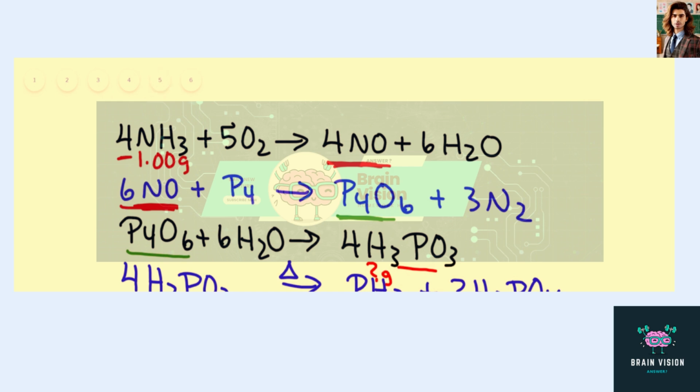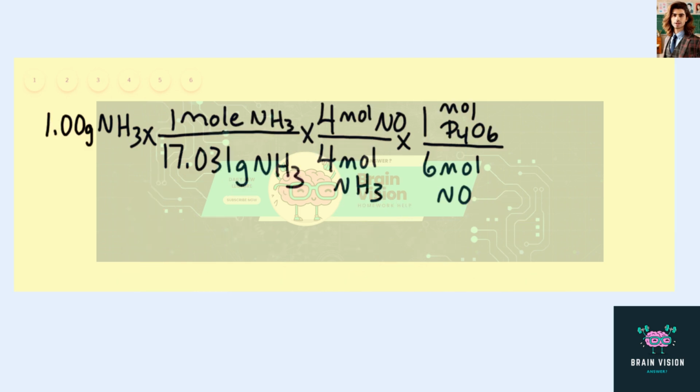In the next reaction, we saw that 1 mole of P4O6 would form 4 moles of H3PO3. So that would be our next relationship. So continuing on, 1 mole of P4O6 would form 4 moles of H3PO3.